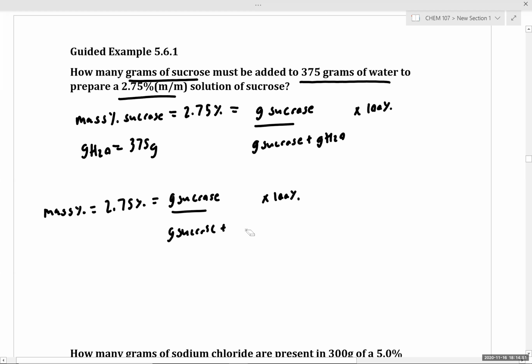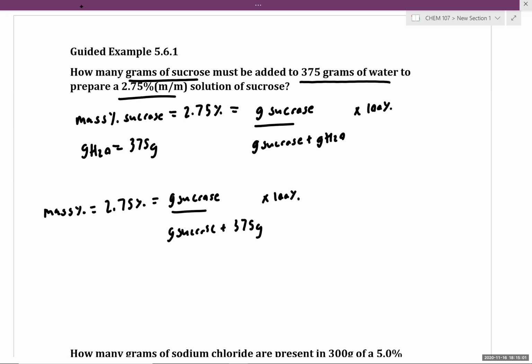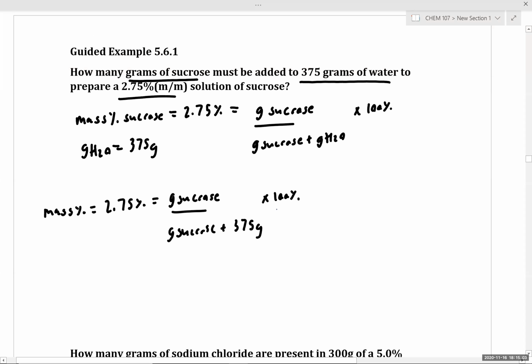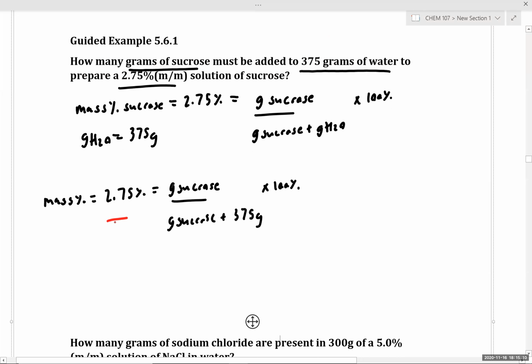And now all we have to do is solve algebraically. First, we can divide both sides by 100, and that clears up our 100%.